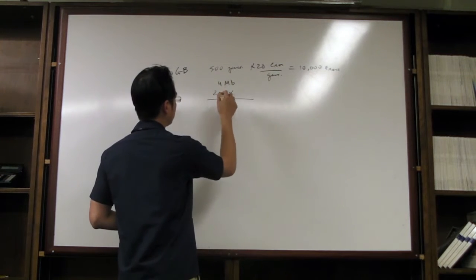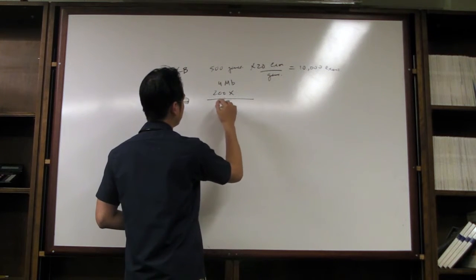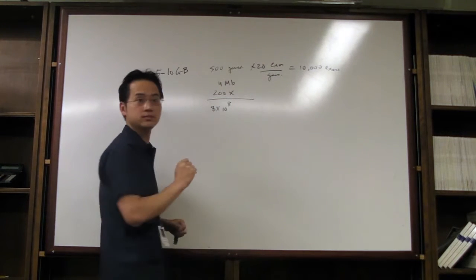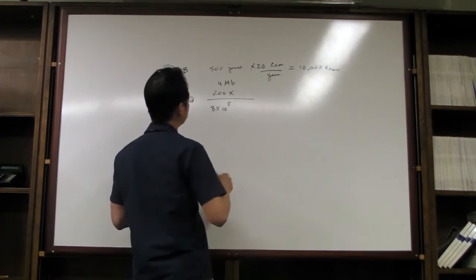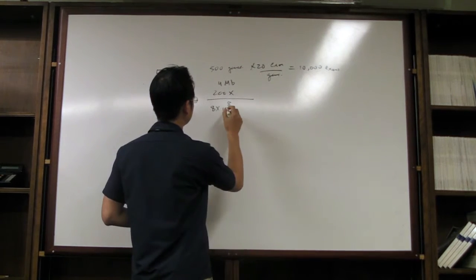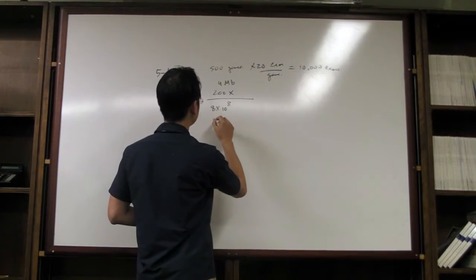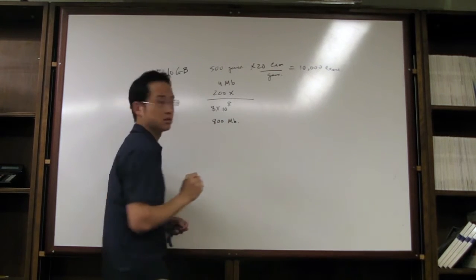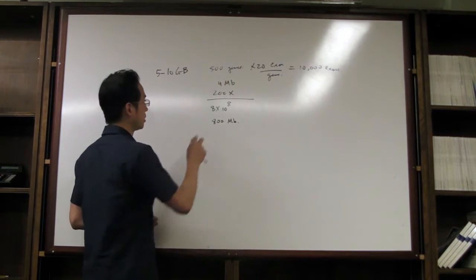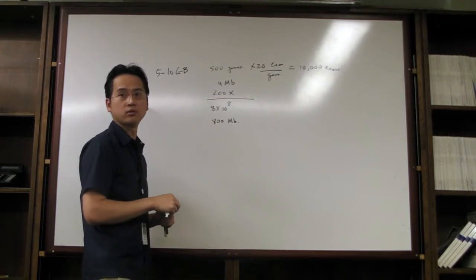So if you do the math here, you'll have 8 times 10 to the 8th, right? Of data. And what is that? So about 800 megabases or so. Will give you about this average full coverage.